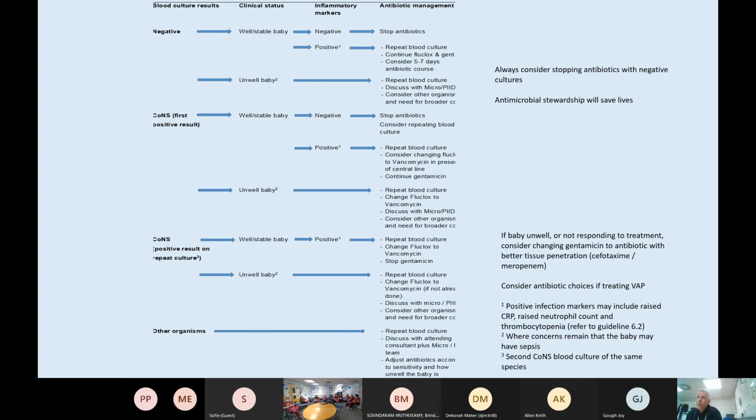Babies might not have a great inflammatory response. Obviously with a baby with chronic lung disease, it's very difficult to assess whether there's an infective exacerbation. But it is worth considering changing antibiotics if the baby does appear to have a VAP and isn't responding.